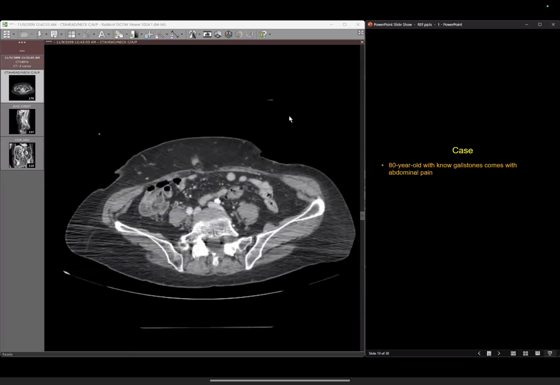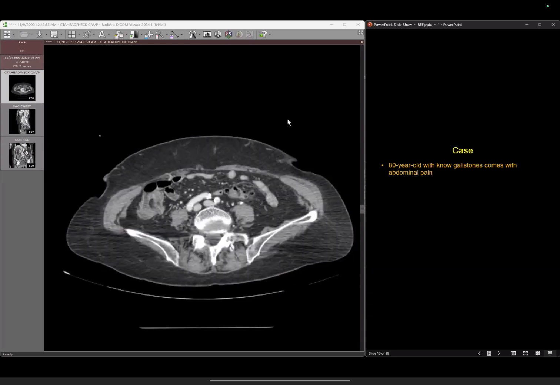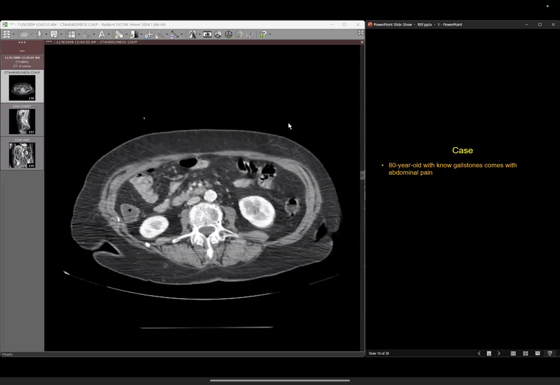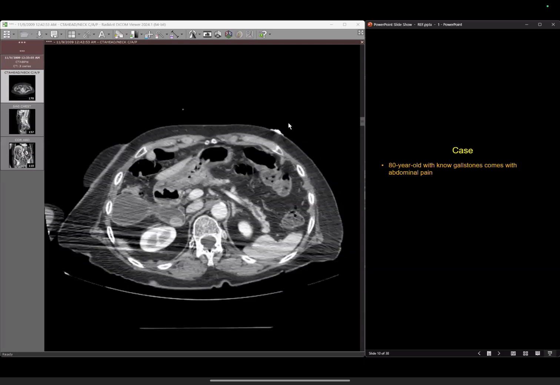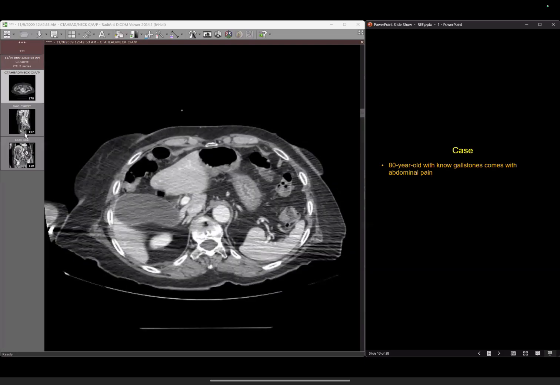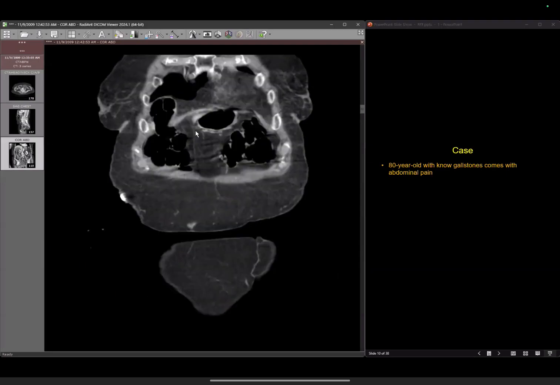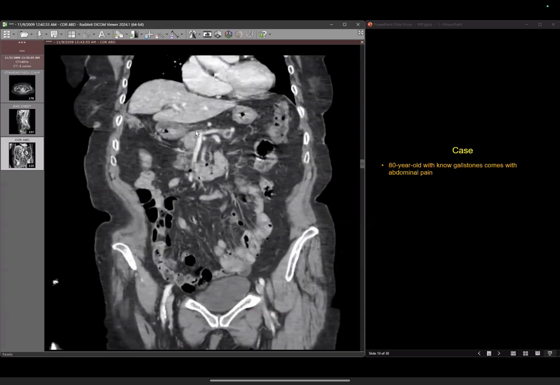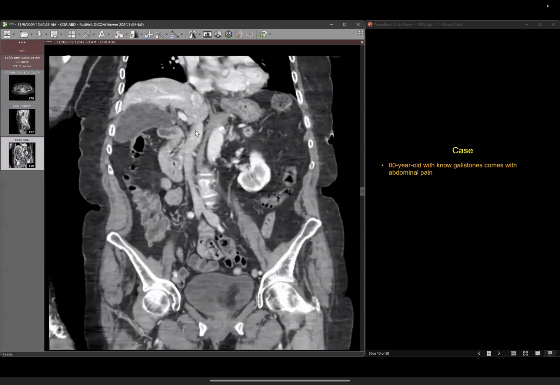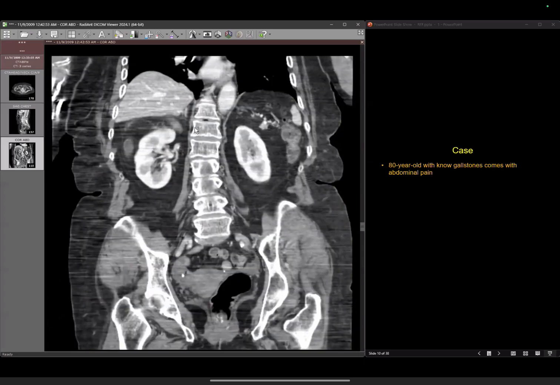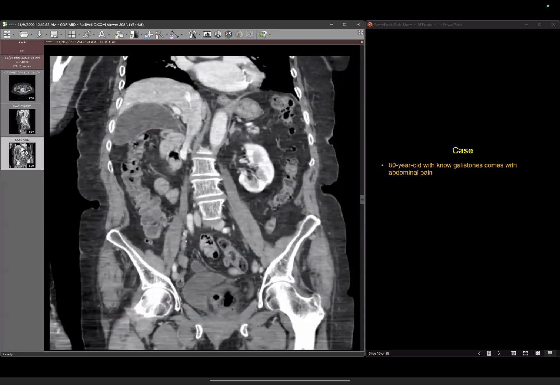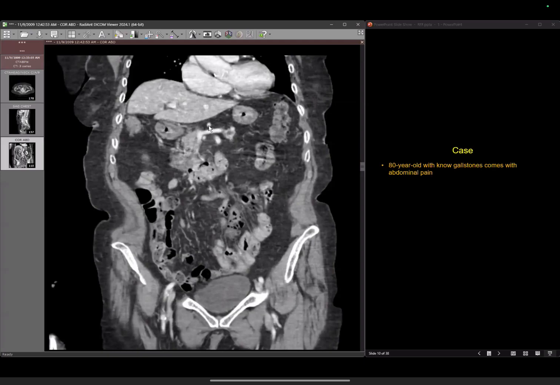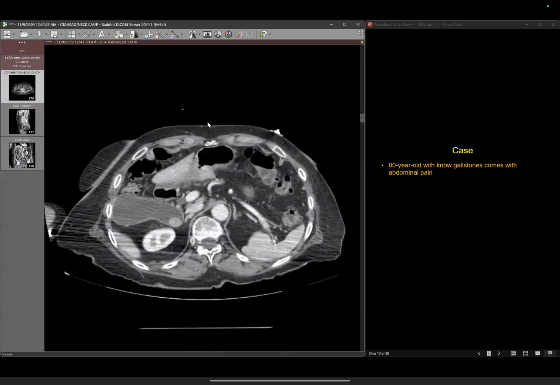Going back up, and then I'll show you the coronal and the sagittal planes. But let's see anything that you've seen thus far. The gallbladder is distended, but there is no pericholecystic stranding, right?